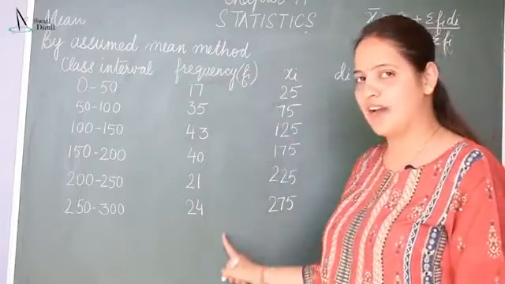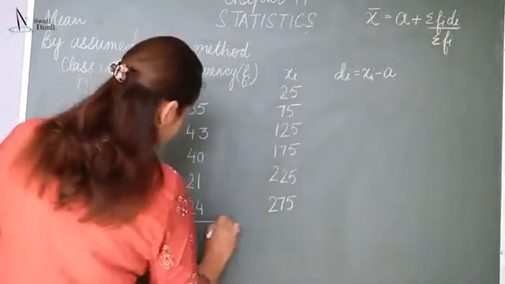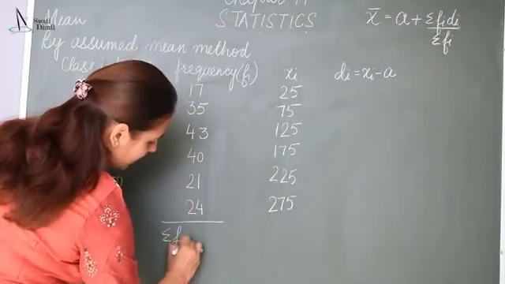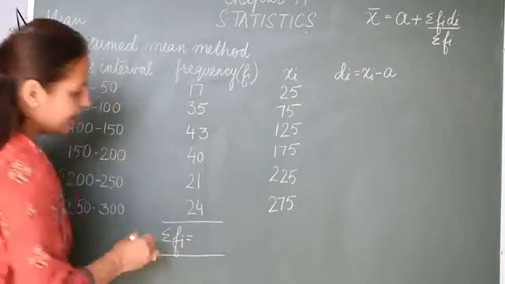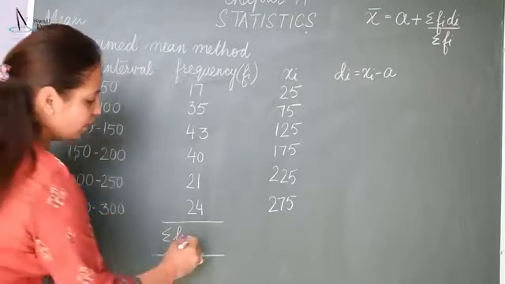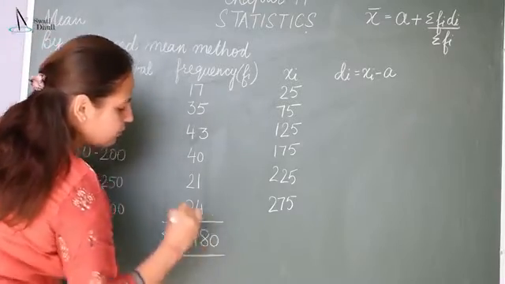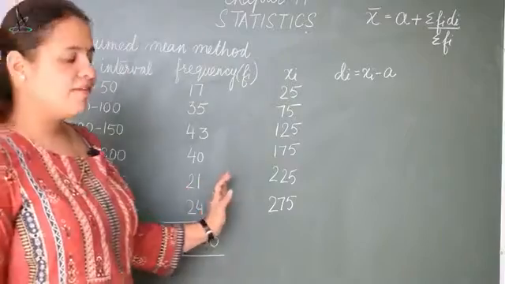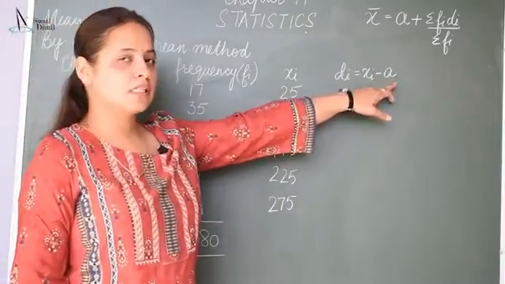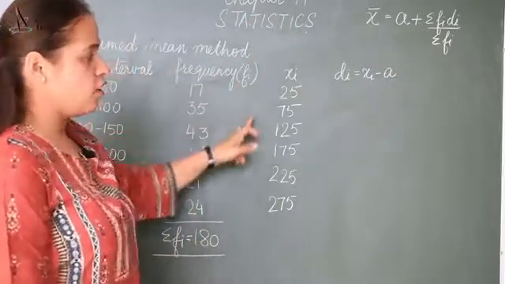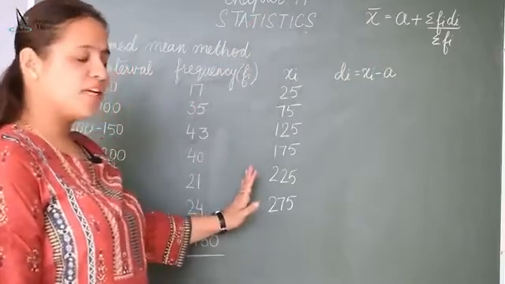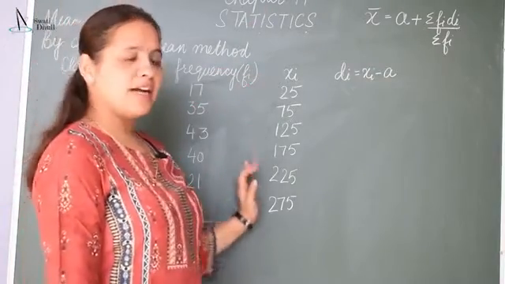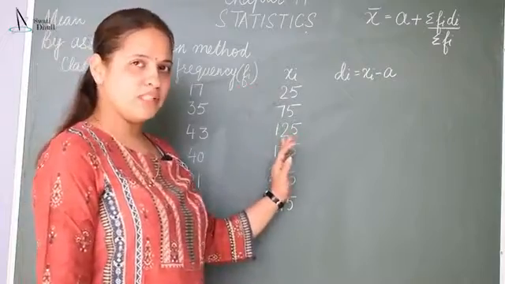So first we will find out the sum of all the frequencies. When you add all the frequencies, you will get here the value as 180. Now I will assume some mean from the column of xi. We'll find out the middlemost values here.